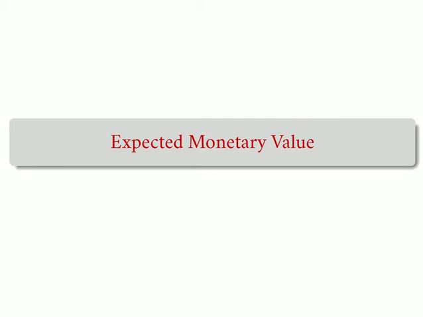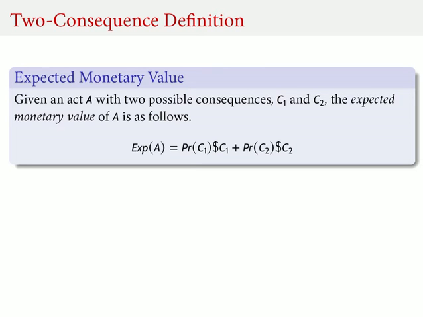Okay, so now let me give you the general formula which I appealed to in the previous video in calculating expected value of the two gambles. So here it is. Given an act A with two possible consequences, C1 and C2, we say the expected monetary value of A is the probability of C1 times the amount of money you gain in C1, plus the probability of C2 times the amount of money you gain in C2.